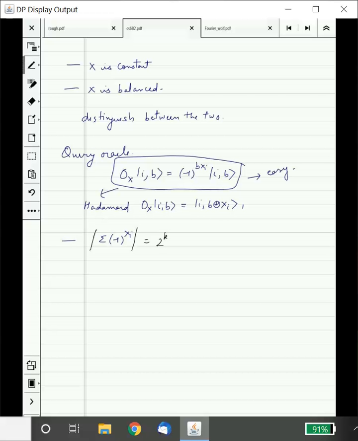Again, remember n is equal to 2 to the k, because all of them will have the same phase. Everything will be minus 1s or everything will be 1, and the sum will be 2^k. This is the case when x is constant. If x is balanced, then these things will cancel out and this will be 0.